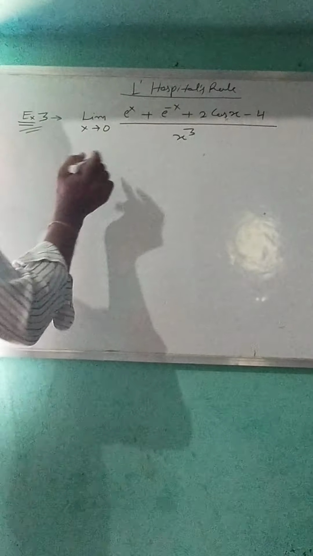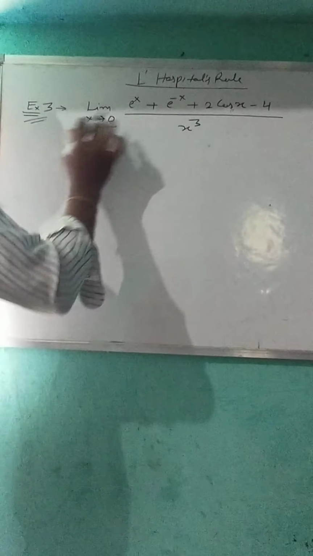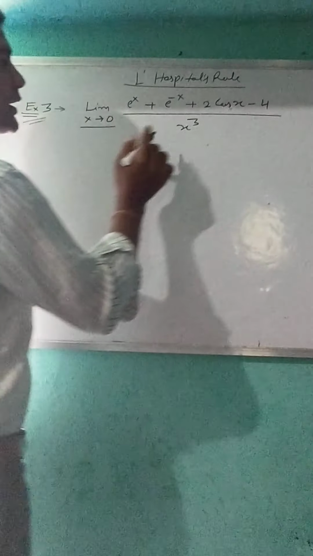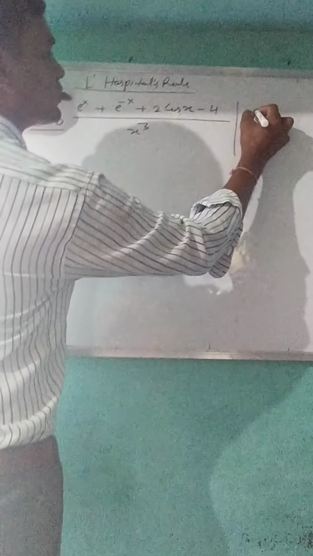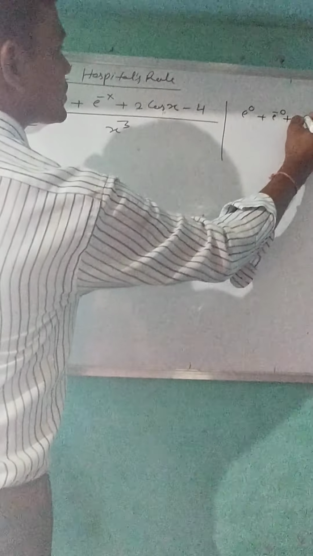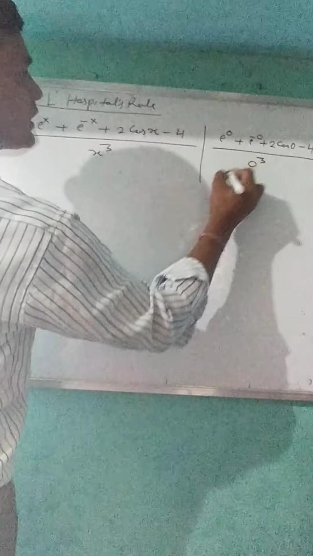In this example, when we apply x tends to 0, the form becomes e to the power 0 plus e to the power minus 0 plus 2 cos 0 minus 4, upon 0 to the power 3.